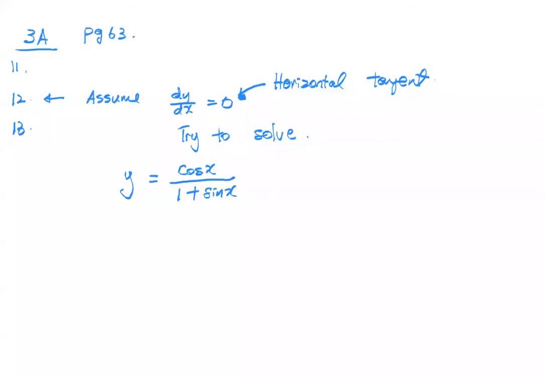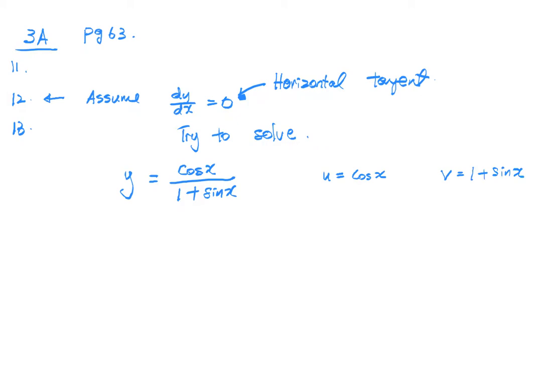So question 12. Assume there is. So you have the right to say dy dx equal to 0 and try to solve. So use the quotient rule. Your u is cos x, your v is 1 plus sin x. So remember this way of doing it.